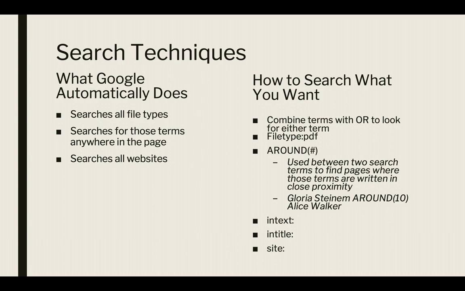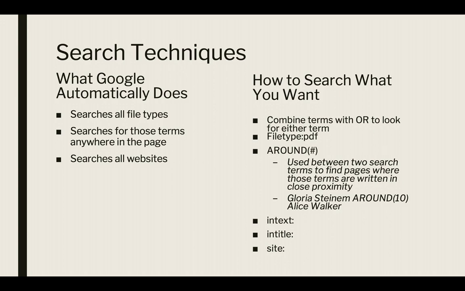AROUND is so much fun. I really love and recommend using this particular search technique. So AROUND is when it's used between two search terms to find pages where those terms are written in close proximity to each other. So we may know that Gloria Steinem and Alice Walker had a connection to each other.